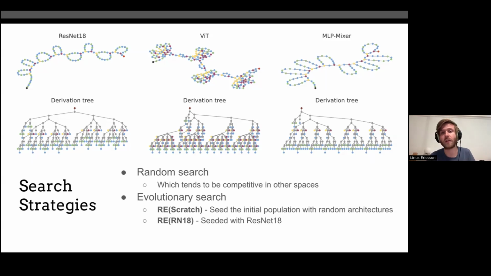One of the powers of our space, because it's so expressive, is that we can actually represent lots of these existing architectures within the space, and so we can start off the search with them. Similarly, we do a search where we have a mix of different architecture types: the ResNet, a wide ResNet version, the Vision Transformer, and MLP Mixer. So this takes the power of the bias from human-designed architectures, but also the space and the evolutionary search.